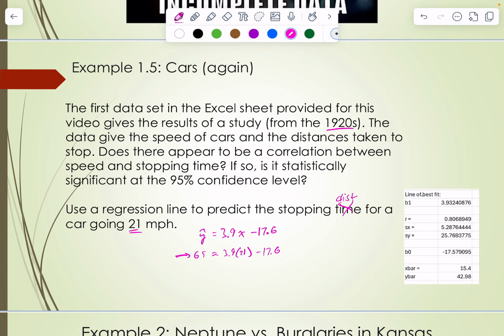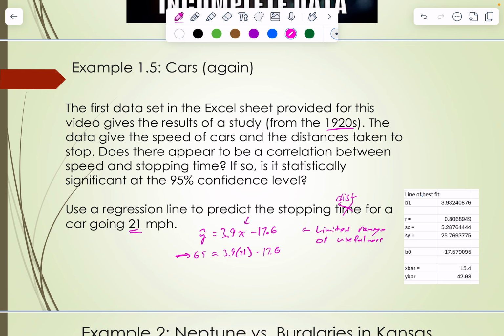Okay, now a few things. If x is below a certain value, then your stopping distance is going to be negative. Well, that doesn't make sense. So this has a limited range of usefulness. So if x was a little bit more than 5, if x were less than 4, certainly, then this would not make sense.